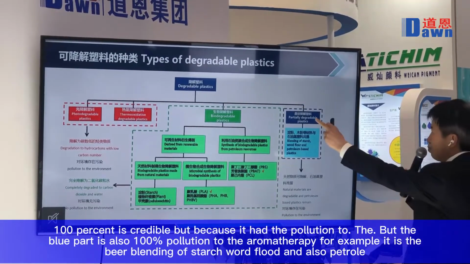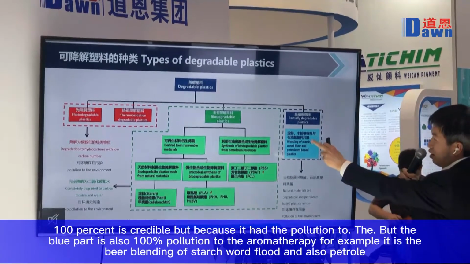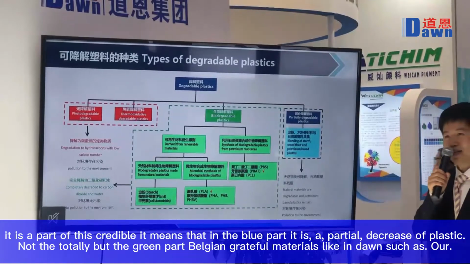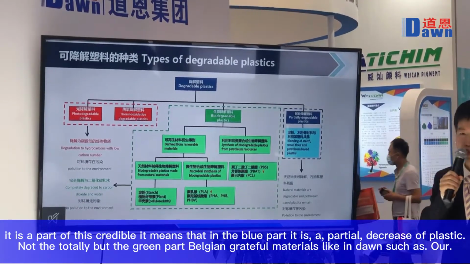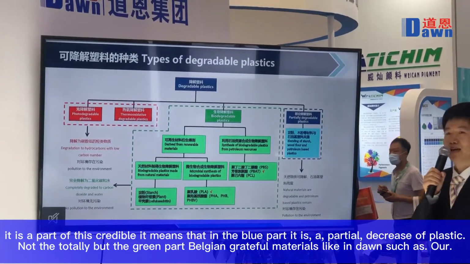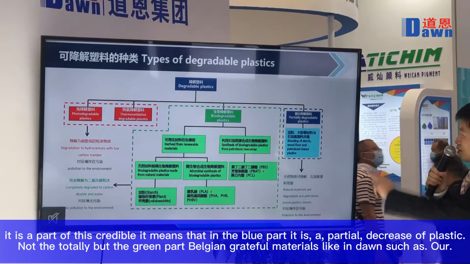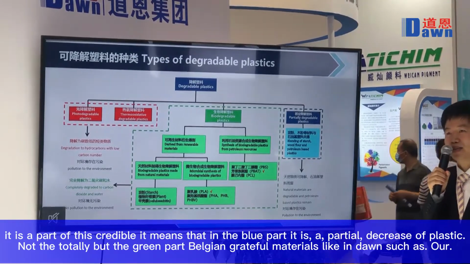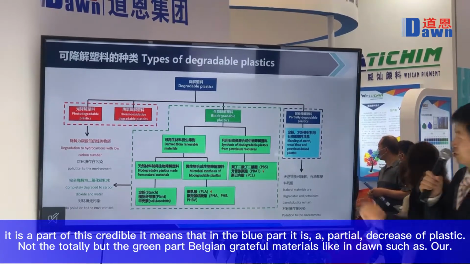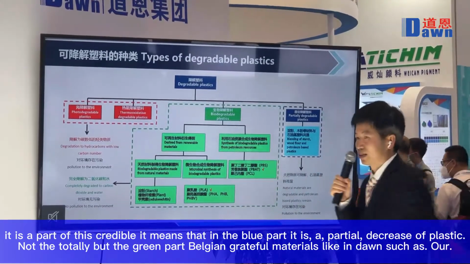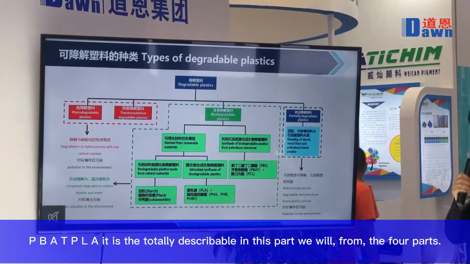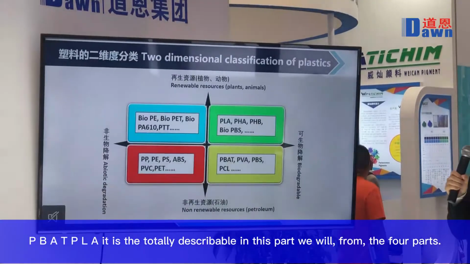For example, it is the blending of starch, flour, and petroleum-based plastic. It is partially degradable. It means that the blue part is partially degradable plastic, not totally. But the green part, biodegradable materials like those in Dawn, such as our PBAT and PLA, is totally degradable.